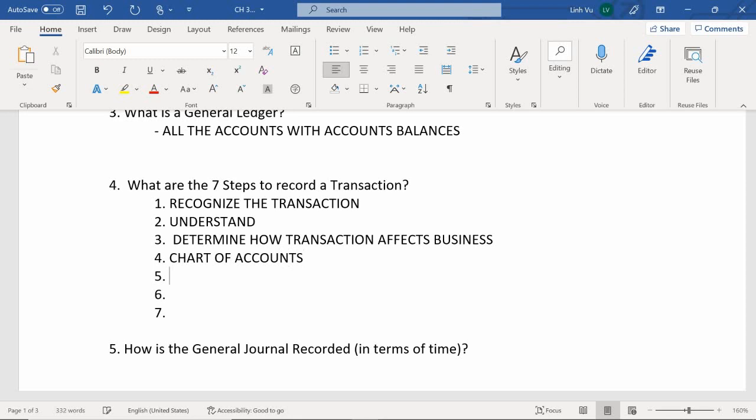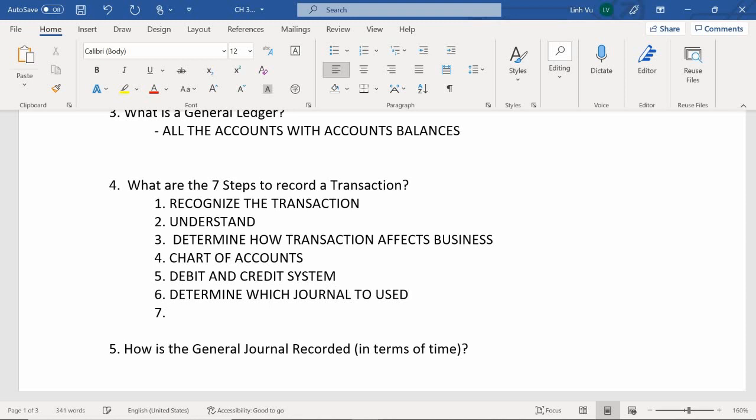What's step 5? Use the debit and credit rules. And step 6. Determine which journal is going to be used, or what journal should be used.